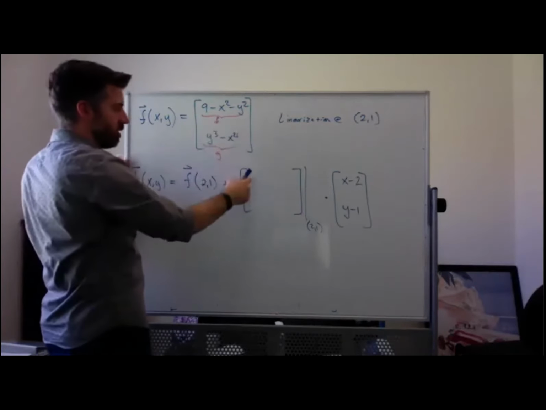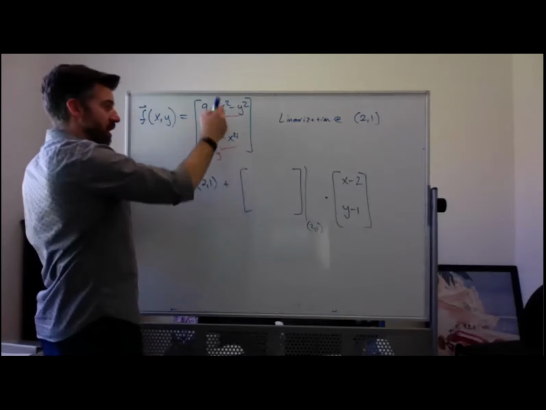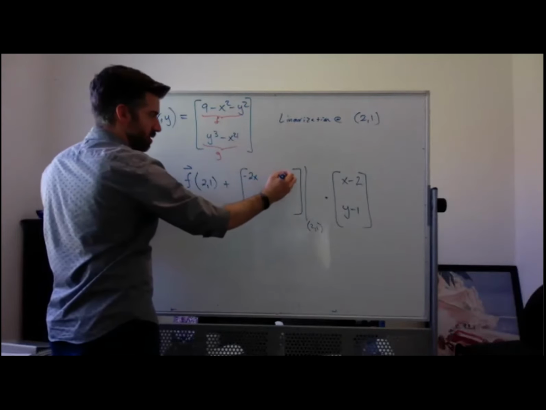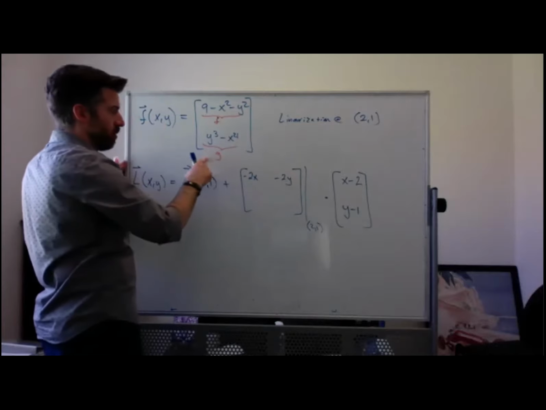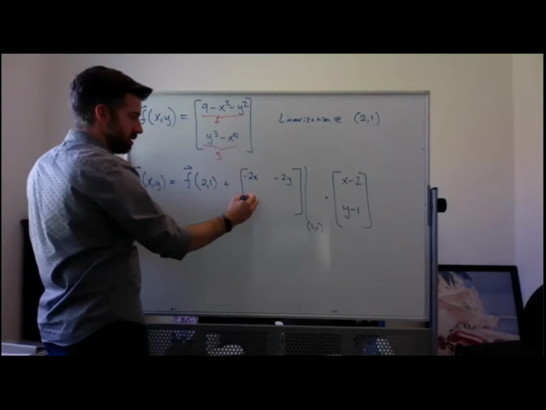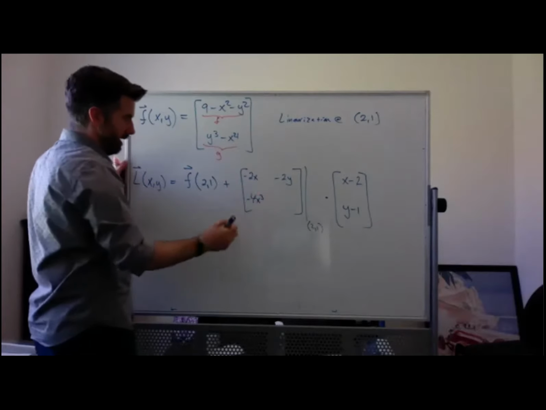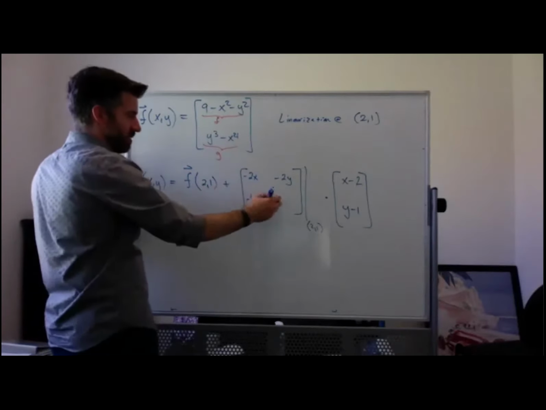So what's going to go here is the partial of f with respect to x, so negative 2x, and then here the partial of f with respect to y. Here the partial of g with respect to x. That's a 4x cubed, by the way. And here the partial of g with respect to y.